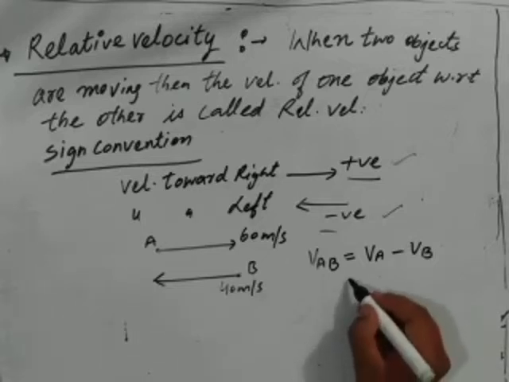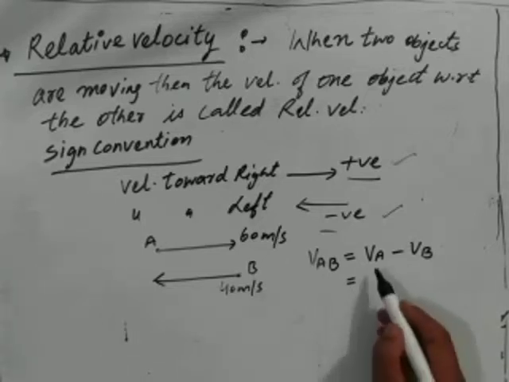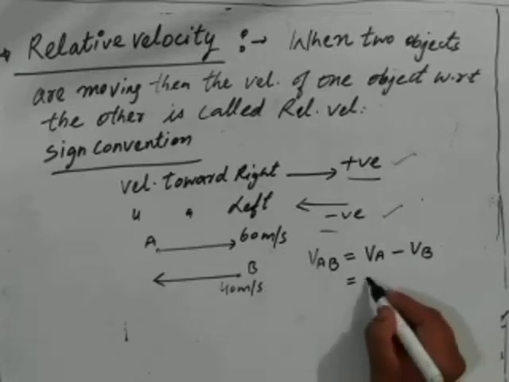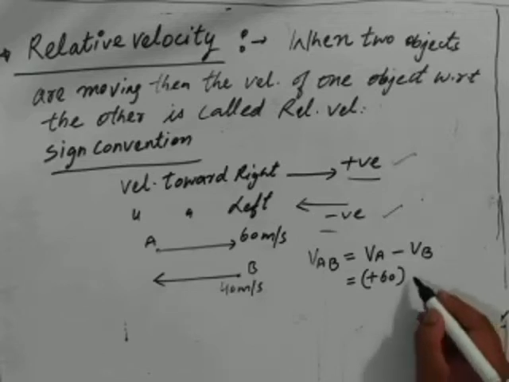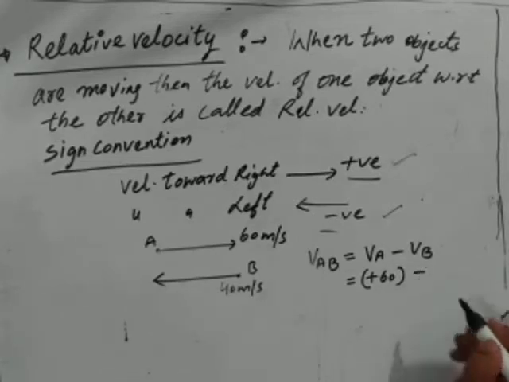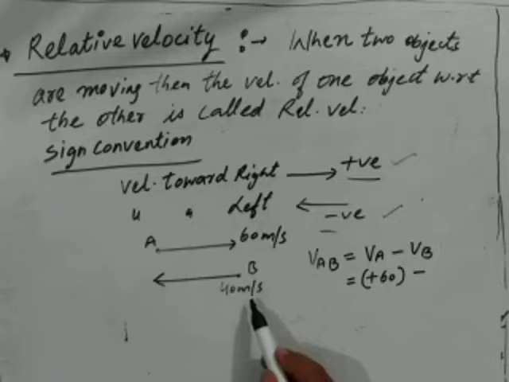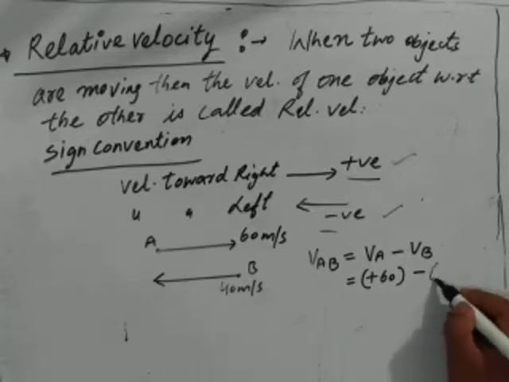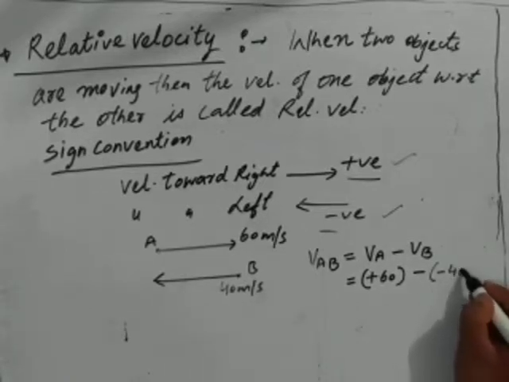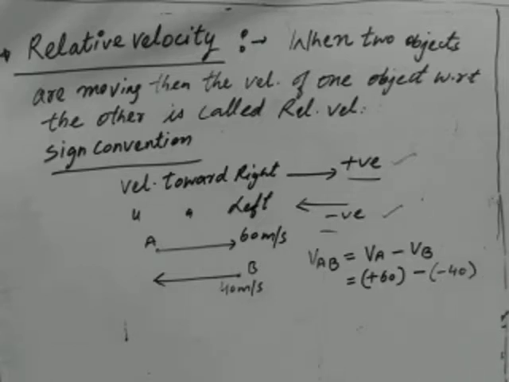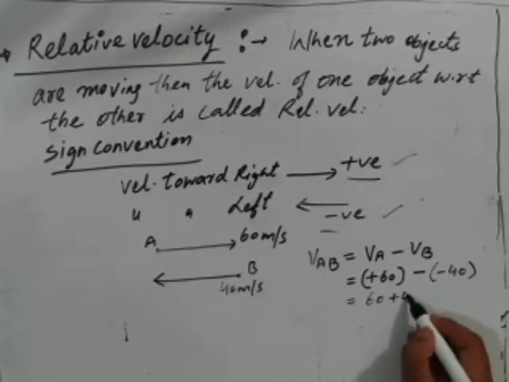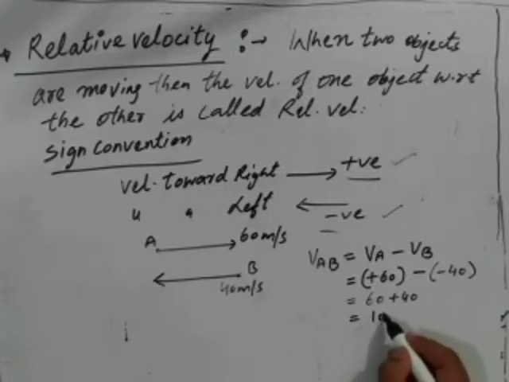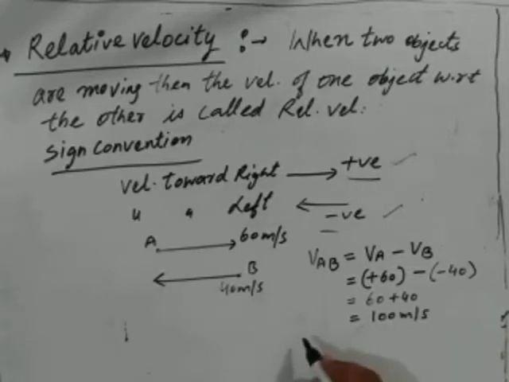Now we will put the sign conventions. Velocity of A is towards right, so that can be written as plus 60, minus. The velocity of B is towards left, so we will put a negative sign in front of the velocity of B. That will become minus 40. So the value becomes 60 plus 40, that is equivalent to 100 meter per second.